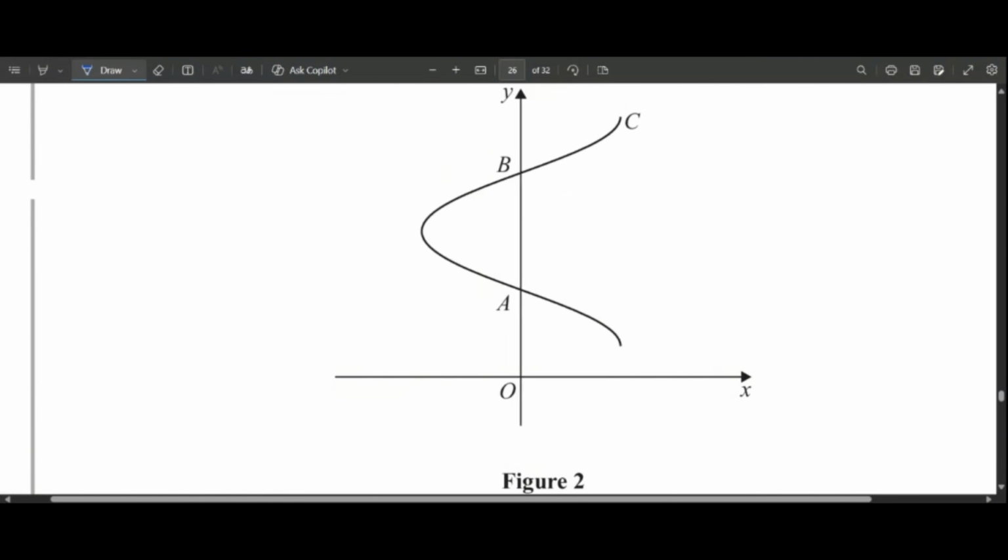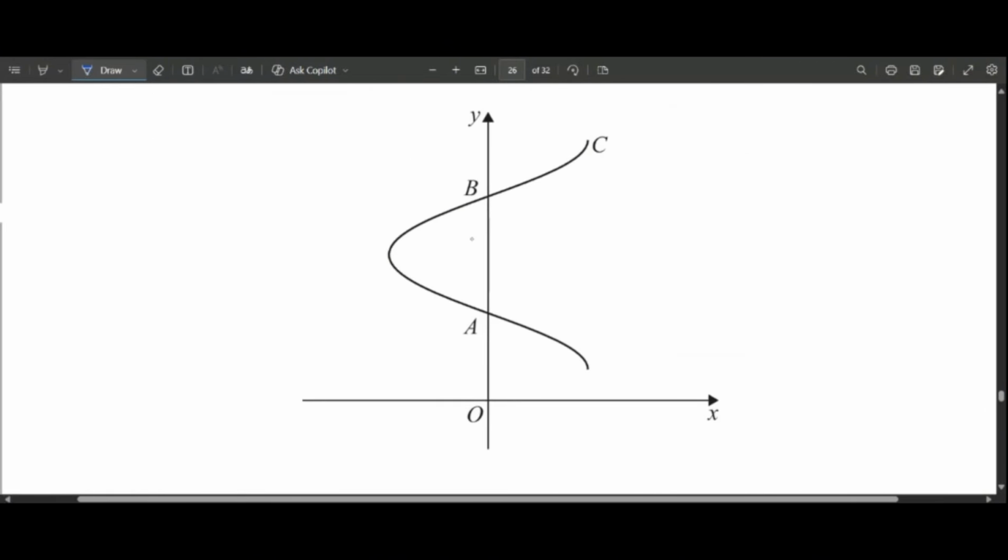If you want to visualize this, the question says that there is a tangent to B. So there is a tangent at the point B. So this is the tangent at the point B that the question is referring to.